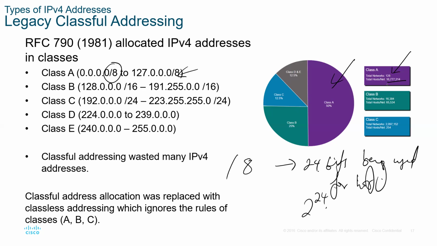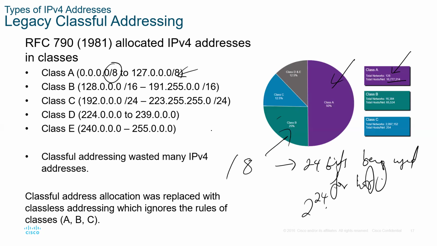So class A was used for networks which have a large number of hosts. 16 million, that's a lot. So networks which are very huge use class A addresses. Class B is for moderately large networks. Class B has 2 to the power of 16, around 65,000 addresses.